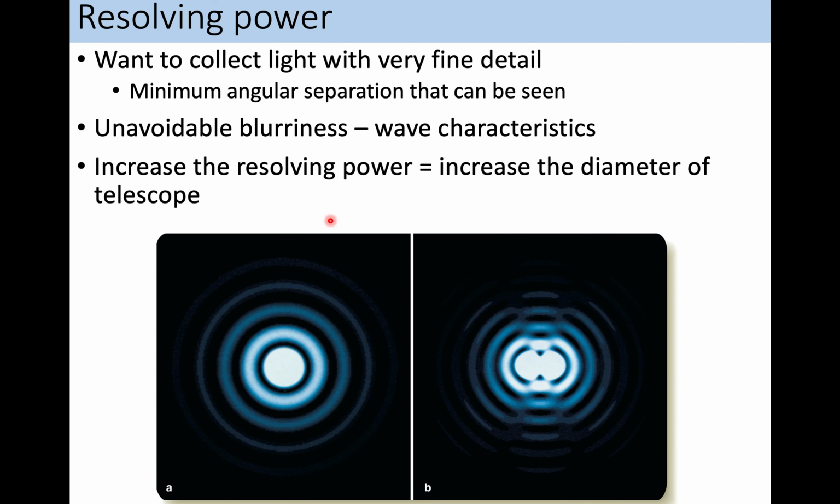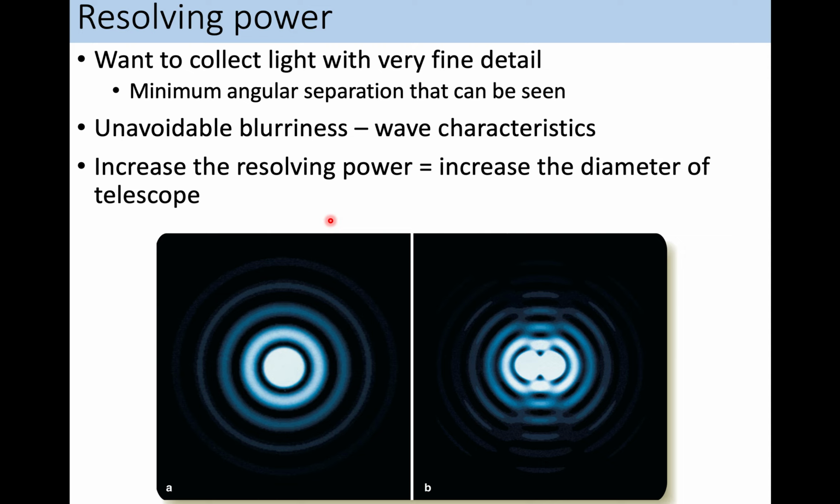Now, resolving power, you also want to maximize. So you want to be able to see really fine details. You don't want to have a blurry image. What is the point of collecting terrific light gathering power if it's going to be all blurry and you're not going to be able to see anything?